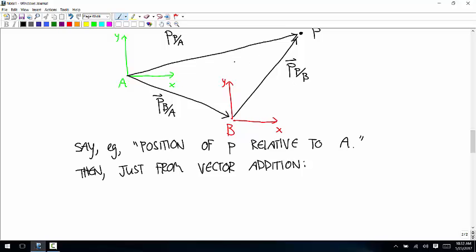That's what vector addition is. You put them head to tail. So the position of P relative to A is equal to, I am going to write it this way, position of P relative to B plus the position of B relative to A.